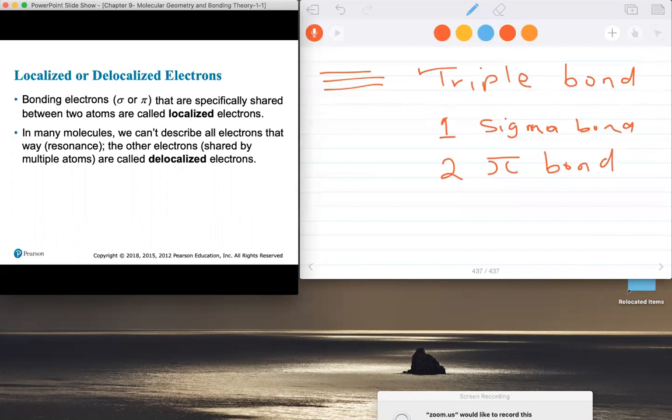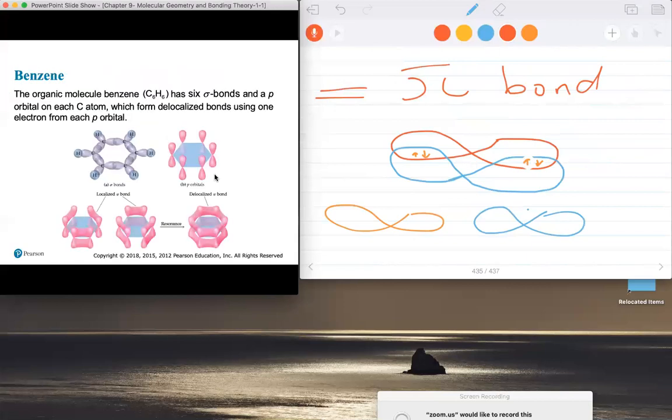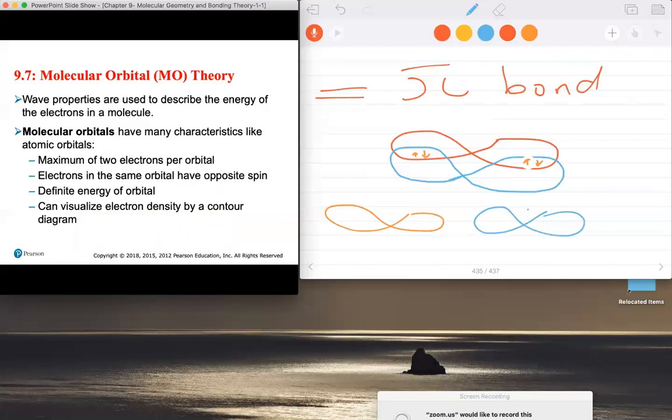Those unshared electrons, represented with dots, are referred to here as delocalized, whereas the shared ones are localized electrons. Well, this is just benzene. I don't want to go into detail on the delocalization of electrons; you will go into detail in organic.